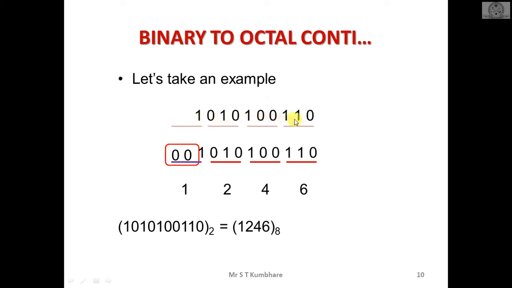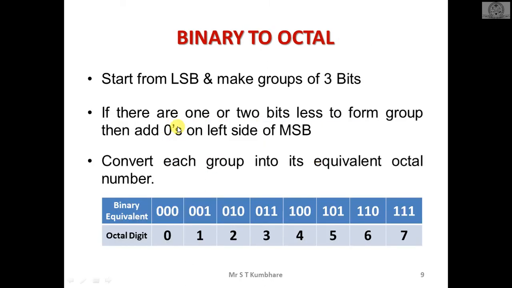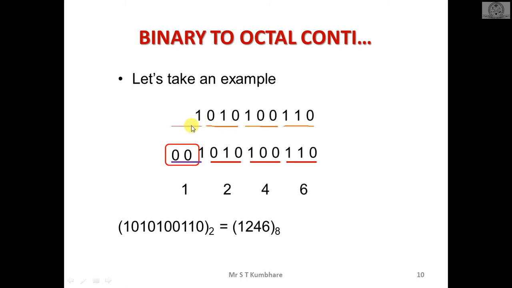Suppose I have this binary number. I will start from the LSB, that is this right hand side bit, and then I will club three bits, then the next 3 bits, then the next 3 bits. Now here we have only one bit.